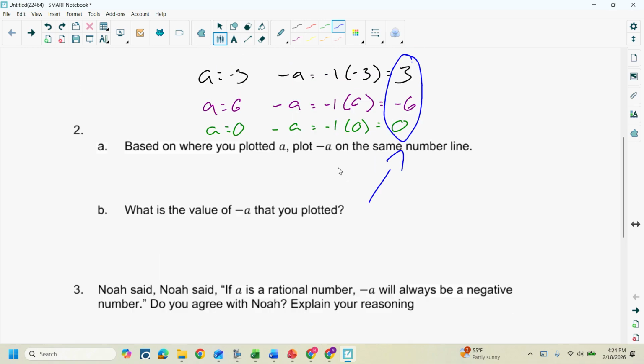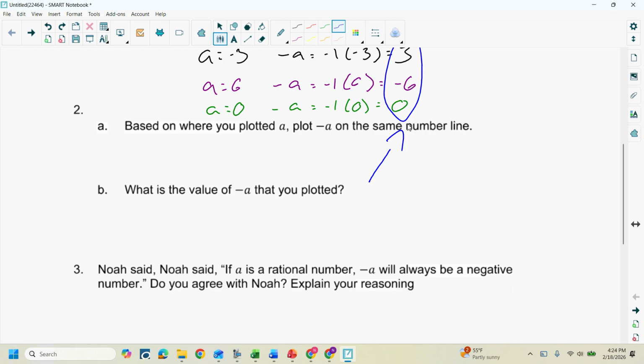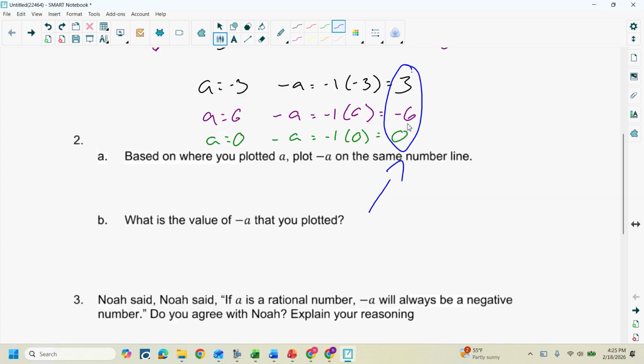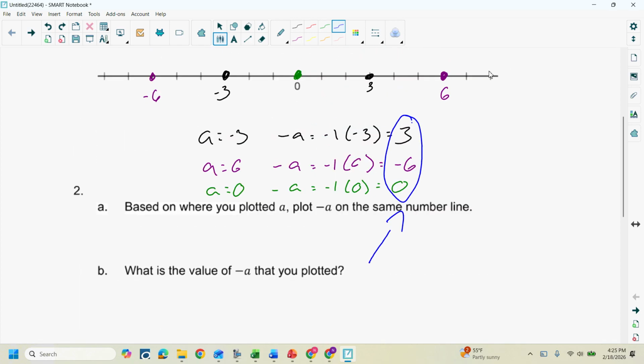And so everybody in the room probably got different values because you didn't all necessarily say the same value for A to begin with. Now, a few of you did, I'm sure, because there's only so many spots on this number line. So it only goes up to 8 on each side. And so, 24 people in the room, 17 spots when you include 0. So statistically, some of you said the same numbers.